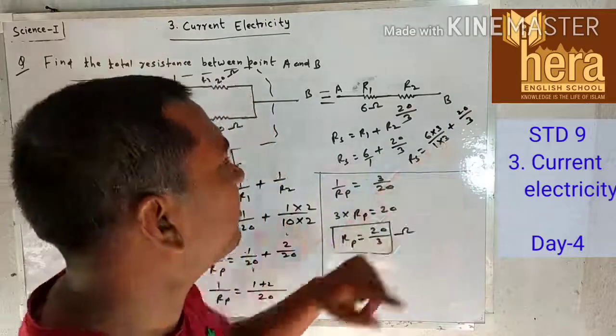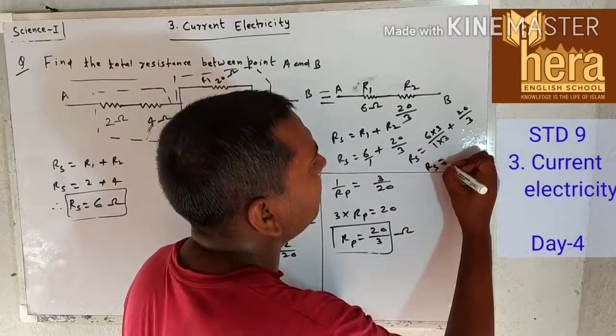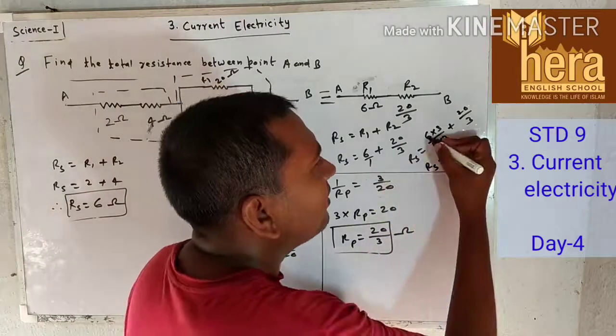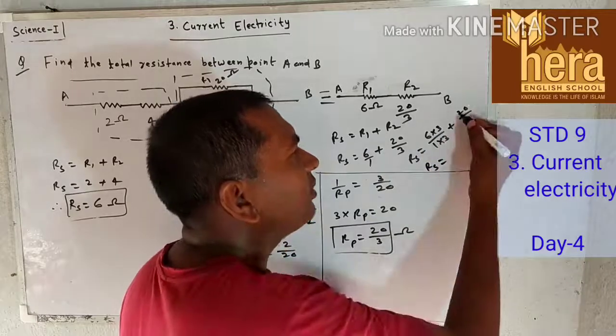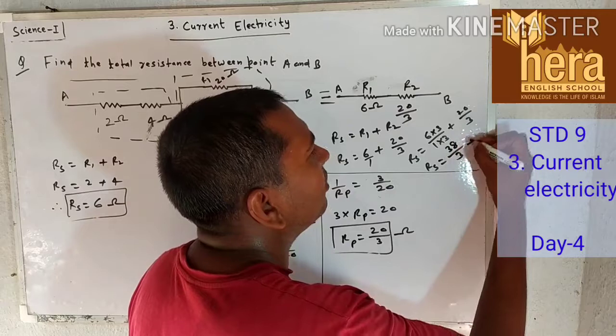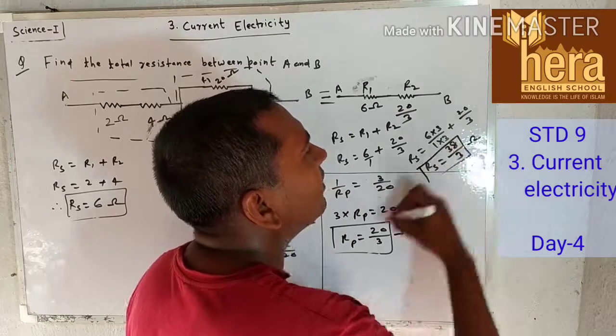Now the denominator became the same. This is RS, not 1 upon RS. RS is equal to 6 threes are 18 plus 20, that is 38 upon 3 ohm. One step I have skipped here.